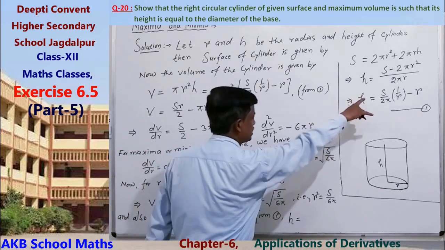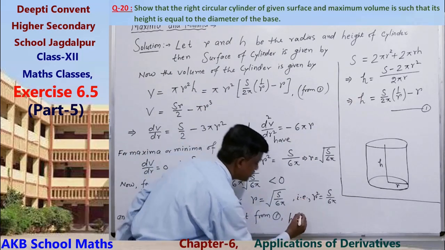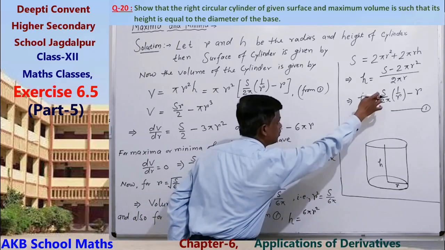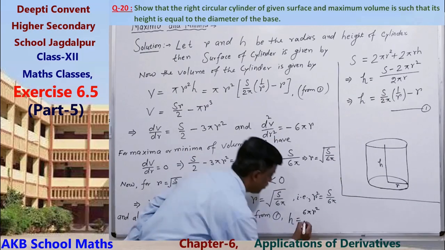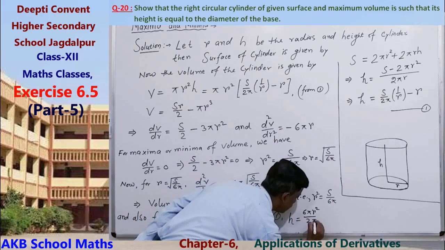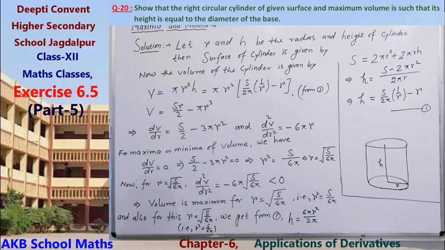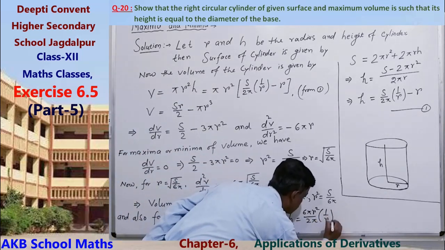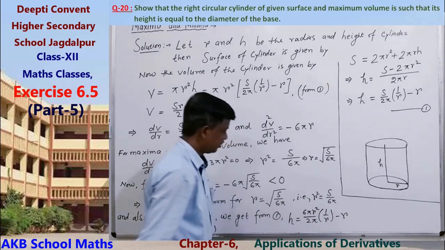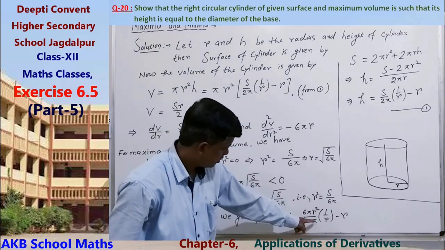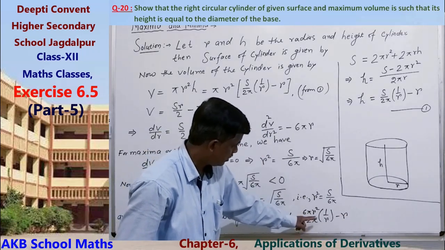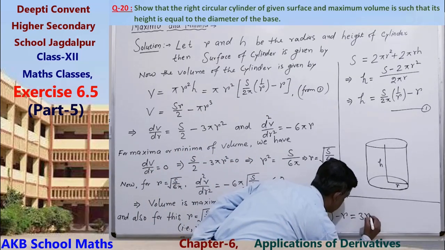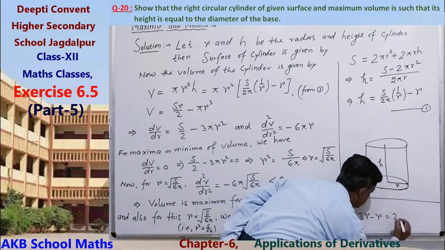So h equals, with S equals 6 pi r square, 6 pi r square in place of S, upon 2 pi, 1 upon r minus r. Now solving it, pi cancel, 3r minus r. So 3r minus r equals 2r.